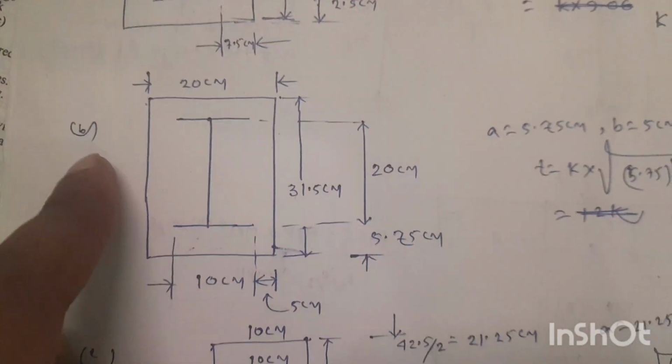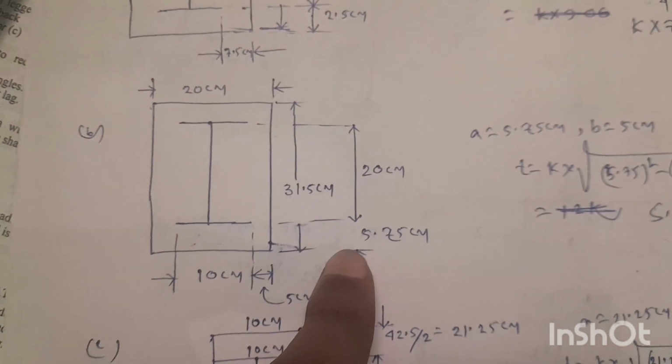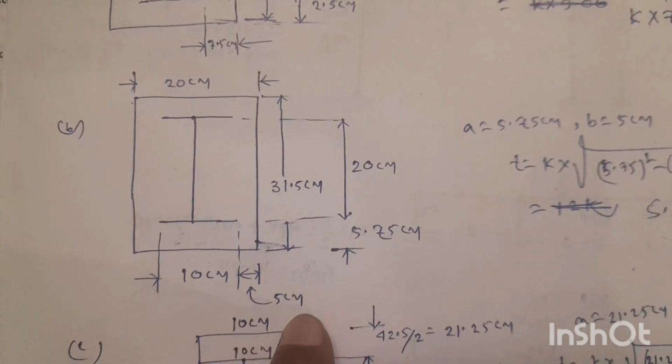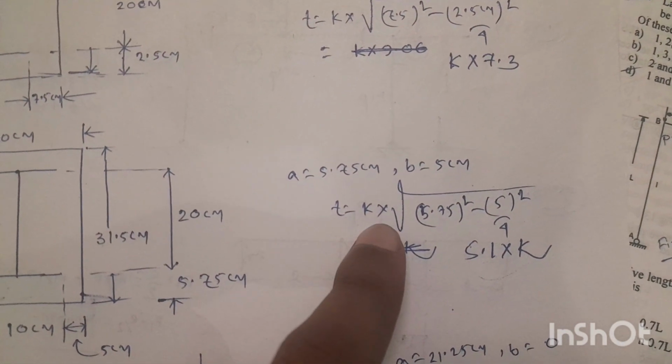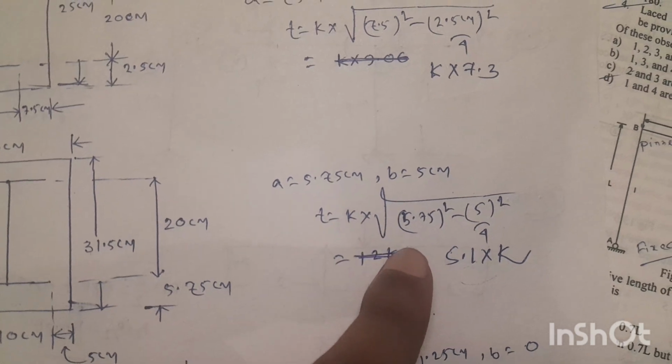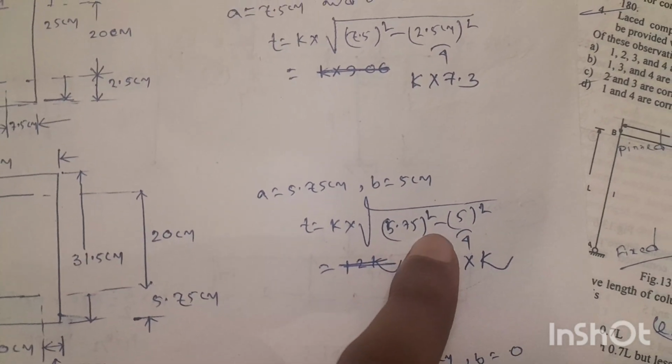For the next arrangement, the longer projection will be 5.75 cm and the shorter projection will be 5 cm, that is B. So by this formula T will be equal to K into root over of 5.75 square minus 5 square by 4.